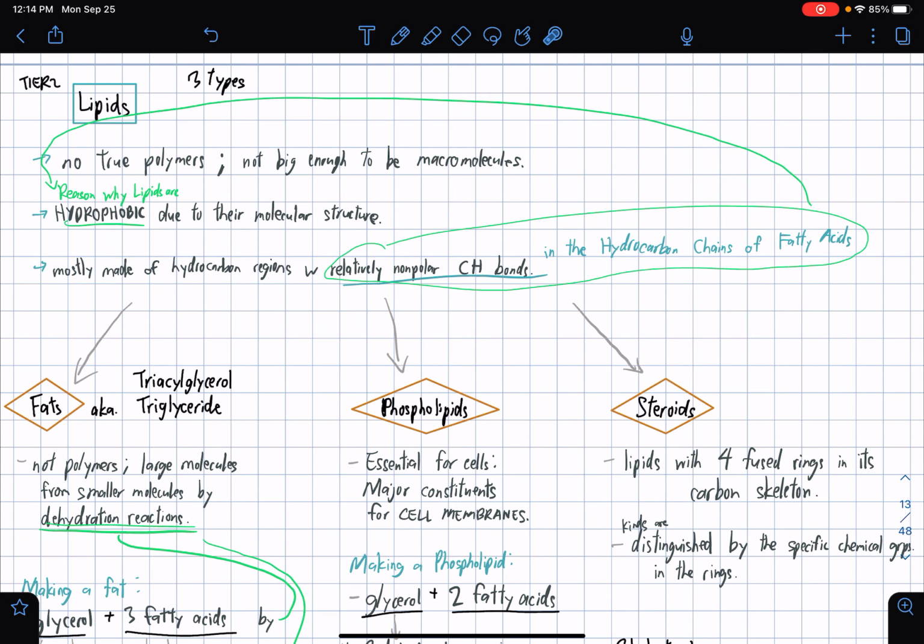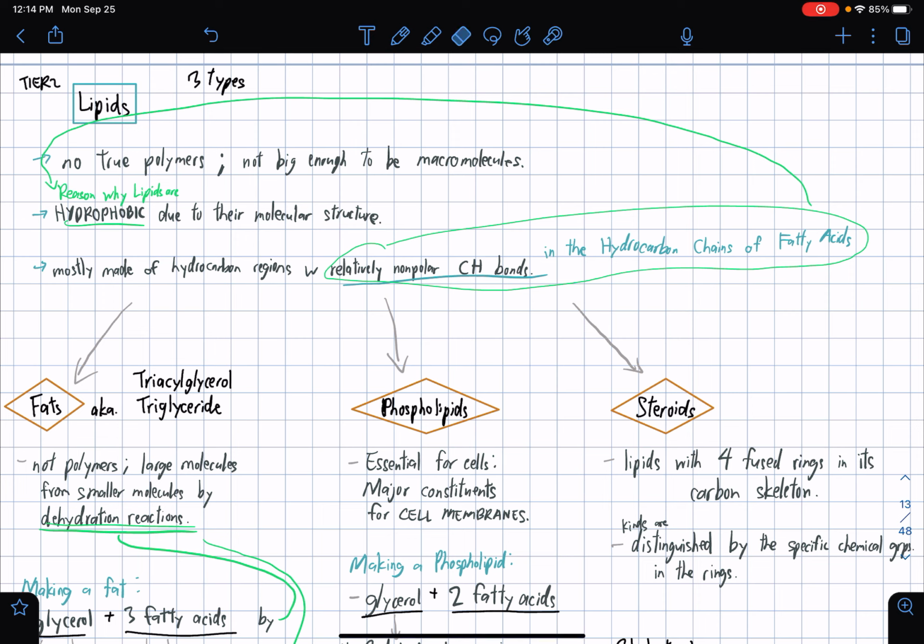This is the biological molecule that isn't large enough compared to the other three, which are basically carbohydrates, amino acids, and nucleic acids. So lipids are not true polymers, and they are not big enough to be macromolecules. The reason why lipids are hydrophobic is because of their molecular structure.